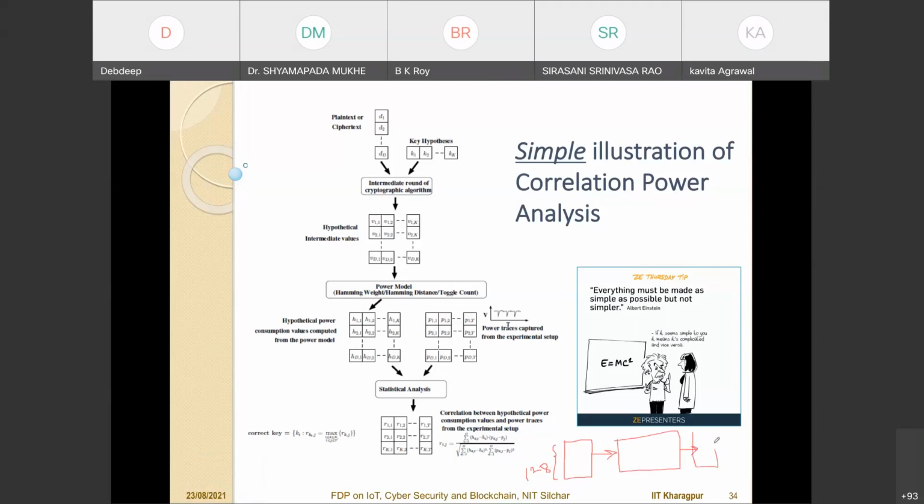This is the cipher text, and the input is called the plain text. This mapping is done by the cipher, denoted as E, the encryption, and there is a small key on which it is operating. This key is either fed externally or stored in some kind of non-volatile memory, and using that it performs this translation from plain text to cipher text.